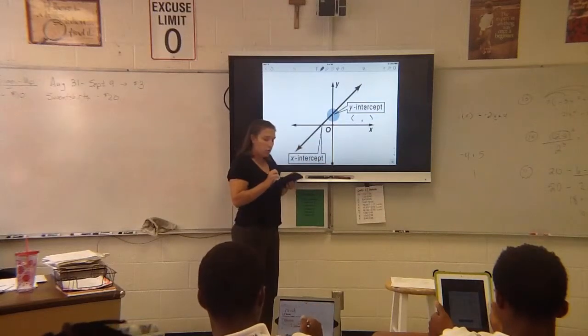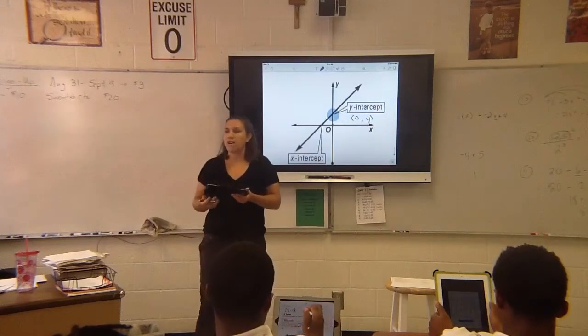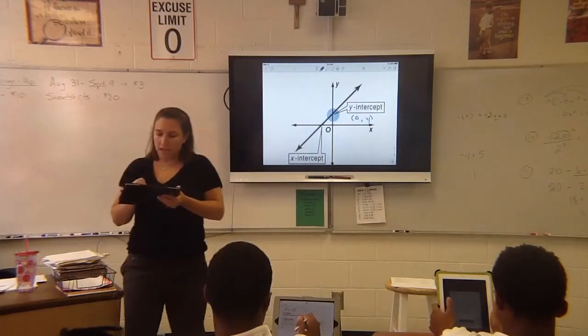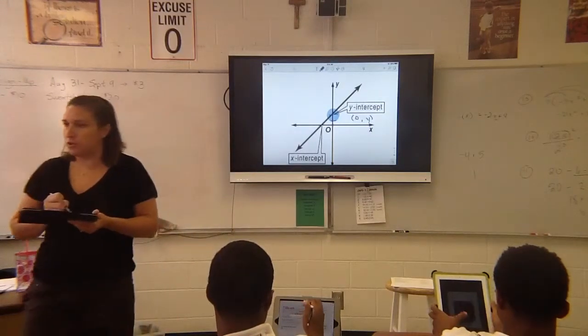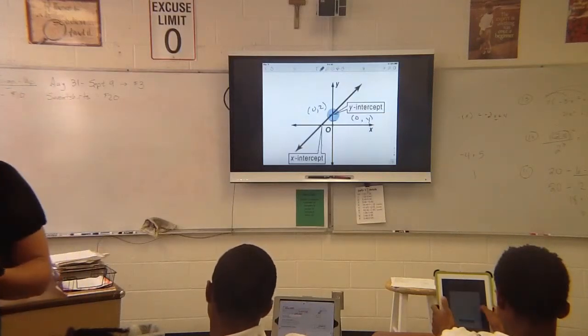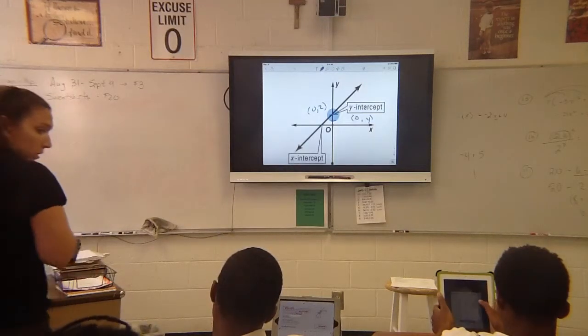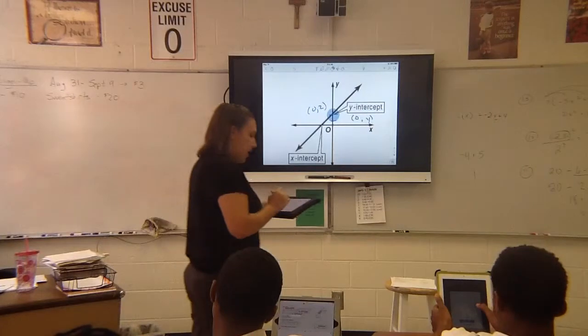So your coordinate point will always start with 0 and then whatever y value we're currently at. If I gave this a random value of 2, it technically would be (0, 2). Does that make sense? So an intercept for us is always going to be a coordinate point.